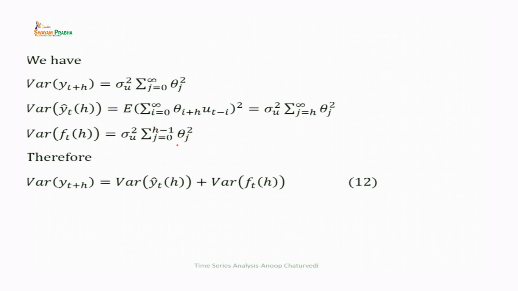Now, you can easily verify that variance of y_{t+h} is equal to variance of y hat_t(h) plus variance of f_t(h). So, basically variance of y_{t+h} has been decomposed into two variances, the variance of the h step ahead predicted value and the variance of the h step ahead prediction error.